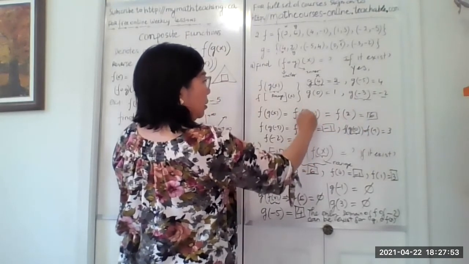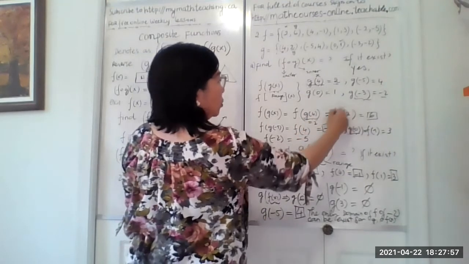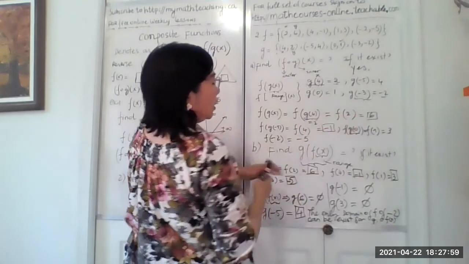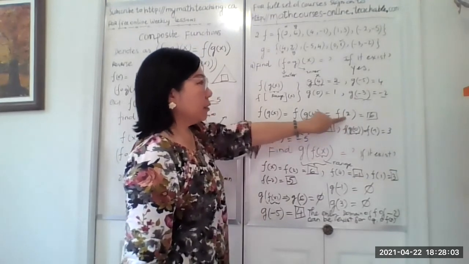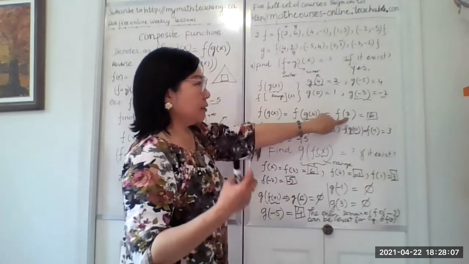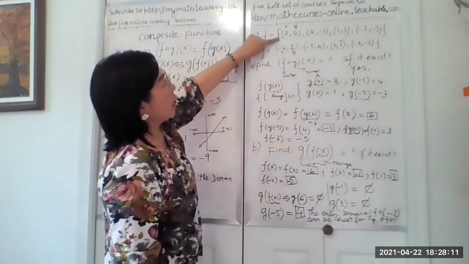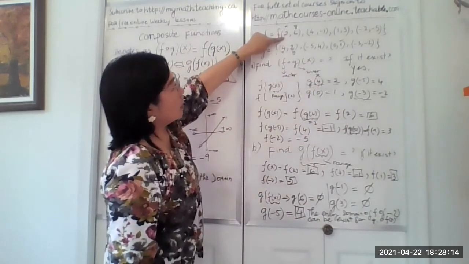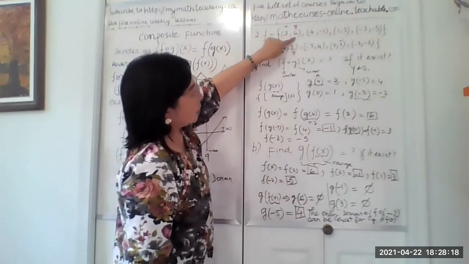So we can substitute the whole thing, g of 4, with 2, and you get f of 2. Now 2 becomes the domain of function f, so 2 here represents the x value. You look at the function f at x equal 2, and the range of it is 6.